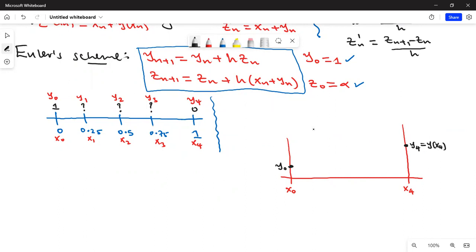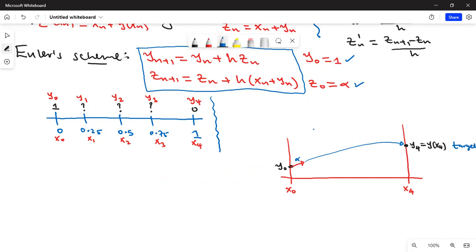So because we are assuming that y prime naught is alpha, it means that we are assuming the gradient, or the slope, is equal to alpha. So you are going to be shooting. This is alpha. You are going to shoot because our target is y4. For that value of alpha, I want the value of alpha that will get us to y4. So that is the task. So we are shooting, and so this is called our target.